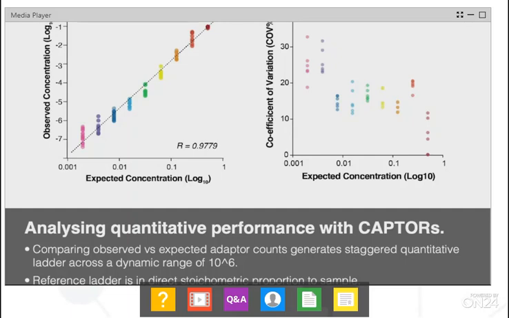Furthermore, because the CAPTORs are ligated to the termini of the DNA fragments at a constant ratio, it ensures that their quantitative counts and their dynamic range are in direct proportion to the quantitative profile of the accompanying sample. In this case, the CAPTORs are ligated 2 CAPTORs per read, which means they're in a constant ratio in proportion to the gene expression of genes in the accompanying RNA sample.